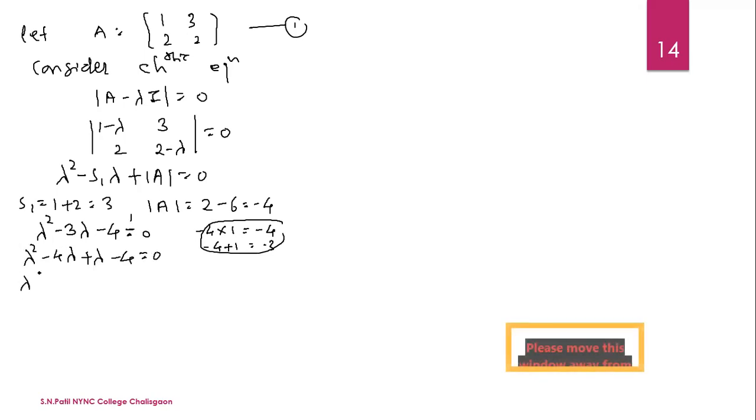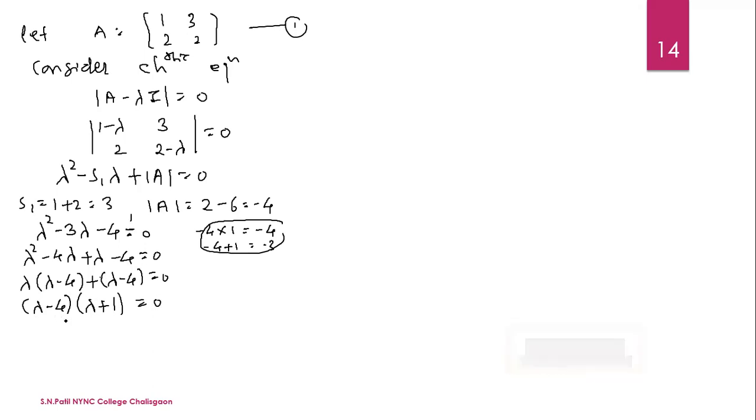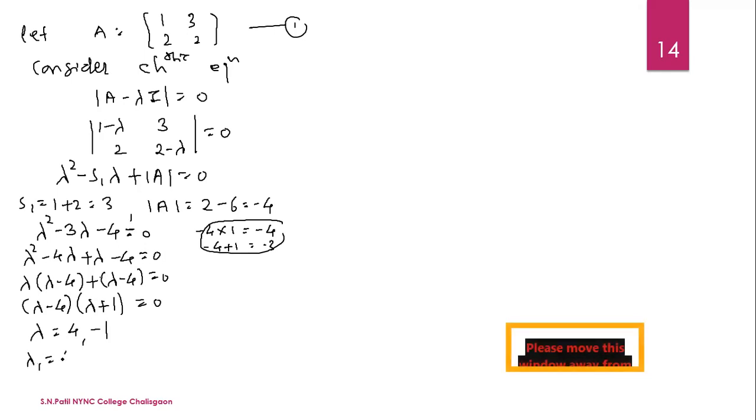Here lambda is common, lambda minus 4 is remaining, plus take 1 common, then lambda minus 4 is remaining. In which lambda minus 4 is common, here lambda is remaining and here plus 1 is remaining, is equal to 0. Lambda minus 4 is equal to 0 or lambda plus 1 is equal to 0. That is lambda is equal to 4 comma minus 1. Okay, that is lambda 1 is equal to 4, lambda 2 is equal to minus 1.